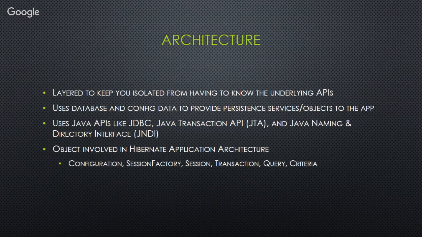Someone else did all the hard thinking for me. It uses Java, JDBC and JTA, the Java Transaction API, and the Java Naming and Directory Interface for it to all communicate between the Java and the database that we decide to use it with.